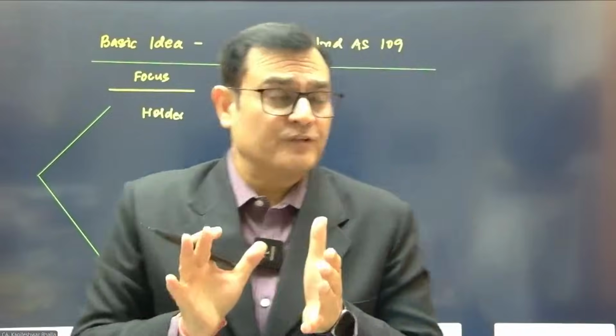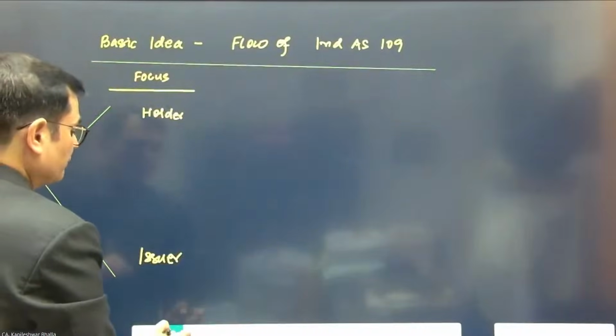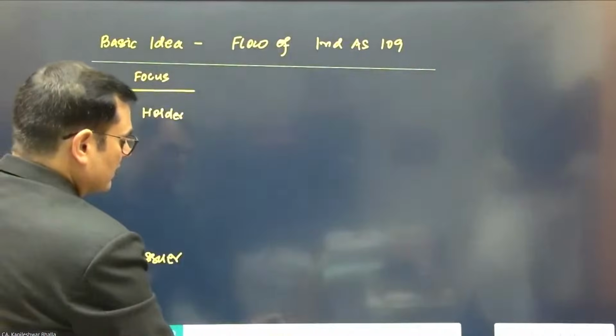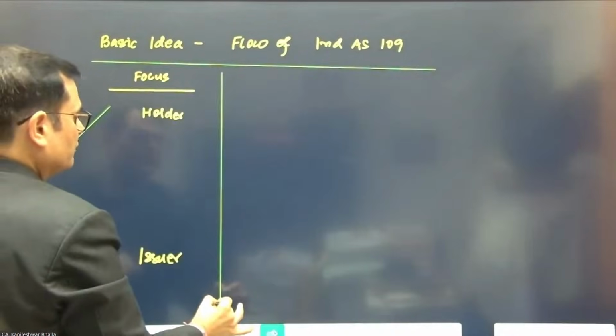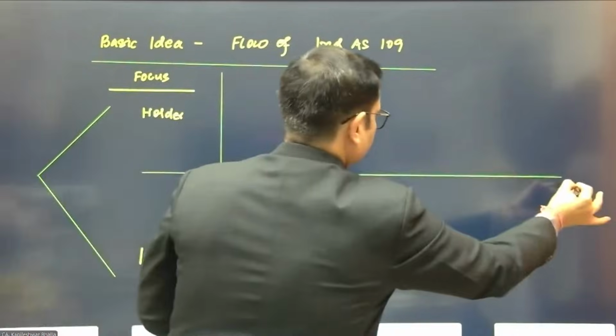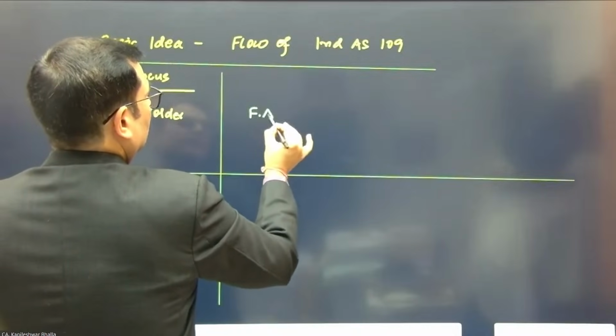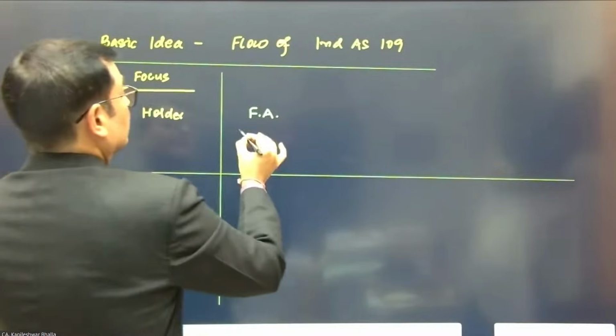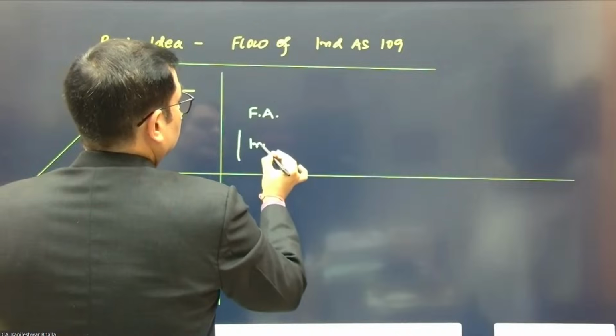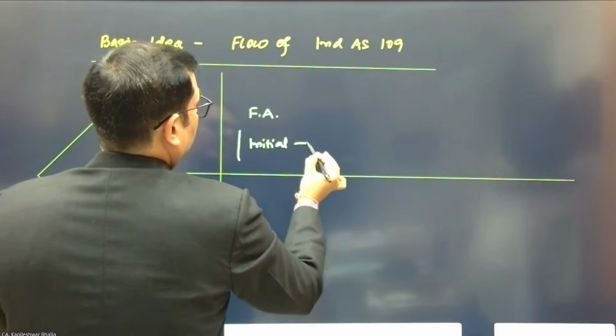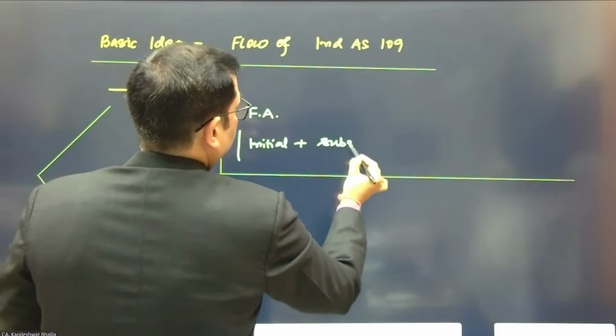So what we're going to do at the first instance, we will look into the accounting of the holder. So we will say, okay, how is the financial asset recognized? How does the initial recognition take place? How does the subsequent accounting take place?